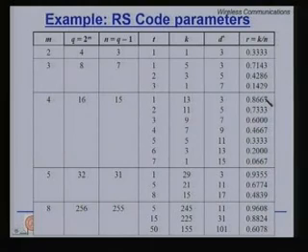We know that the code rate is less than 1, but if you go much closer to 1, you get a more efficient code. At the same time, if you move down the table and you are at m equal to 8, that is you are working at GF(256), q is equal to 256 and your block length is 255, then you can have a t is equal to 5 error correcting code, with the code rate being very close to 1, 0.96.